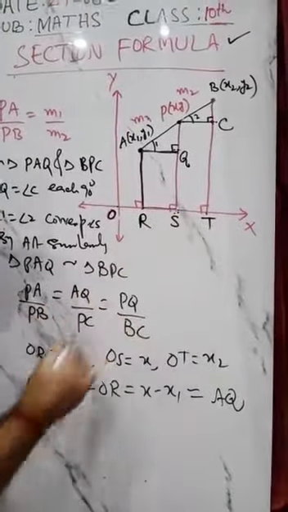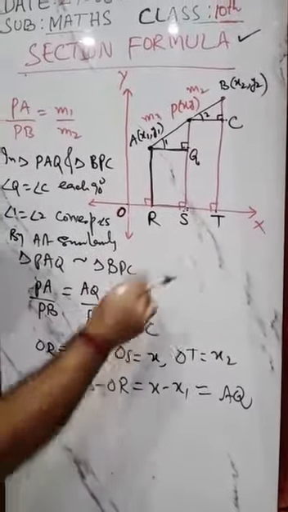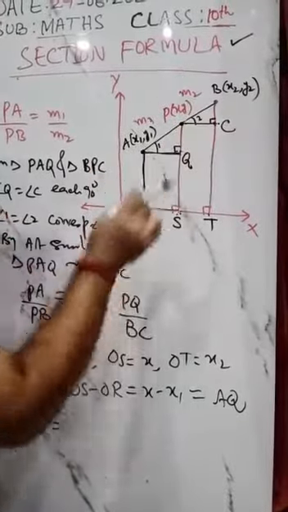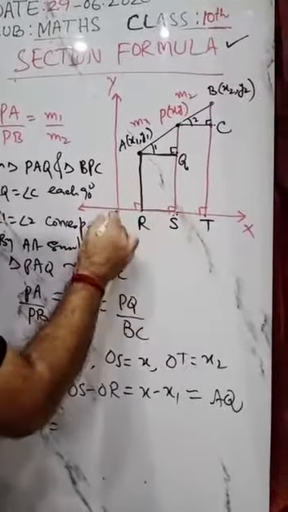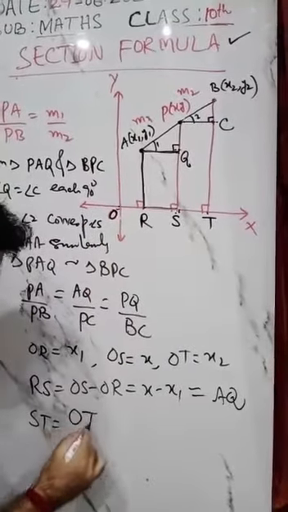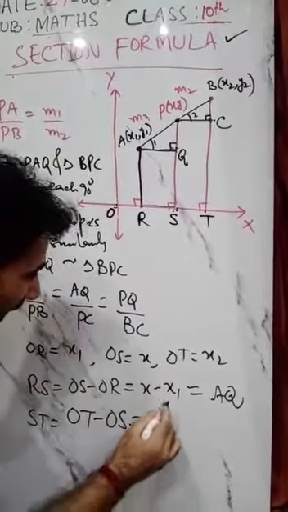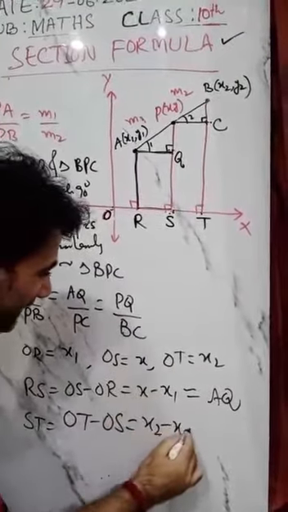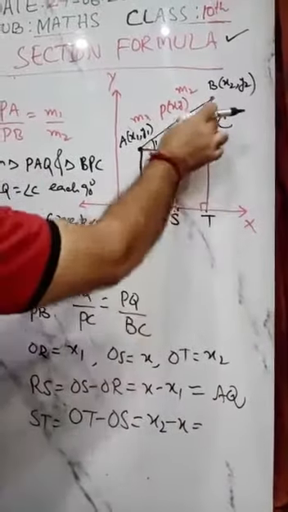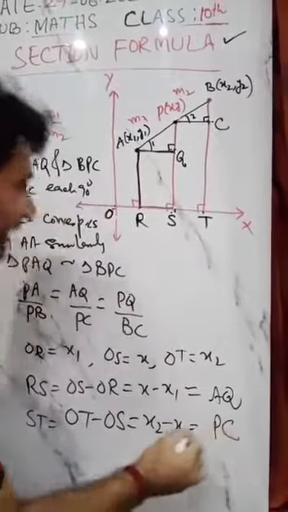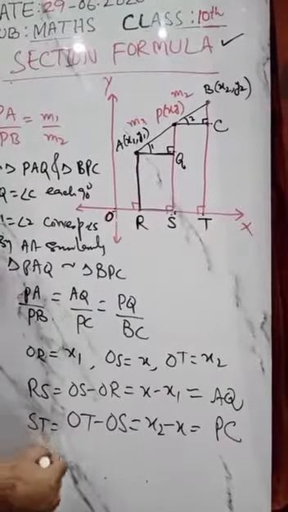So ST is equal to PC, or you can write OT minus OS. OT is x2 minus OS is x. So PC is also equal to x2 minus x.